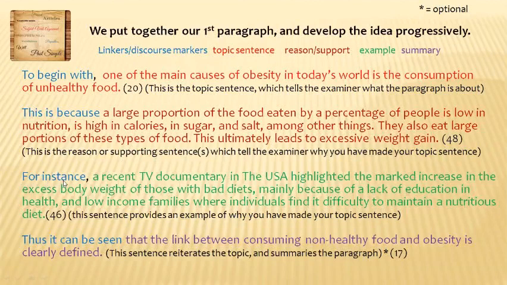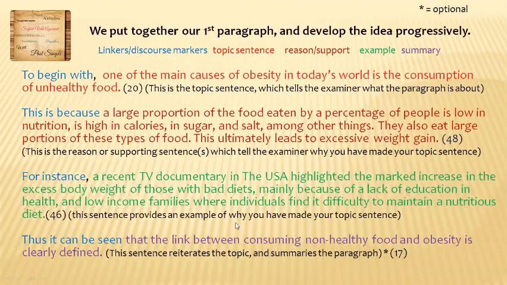For instance, clear indicator that this is an example. A recent TV documentary in the USA highlighted the marked increase in excessive body weight of those with bad diets, mainly because of a lack of education in health and low-income families where individuals find it difficult to maintain a nutritious diet.